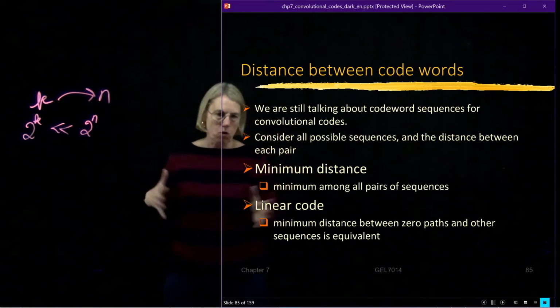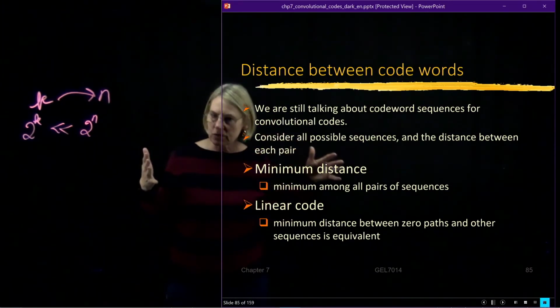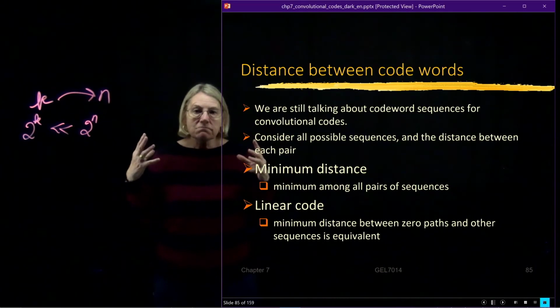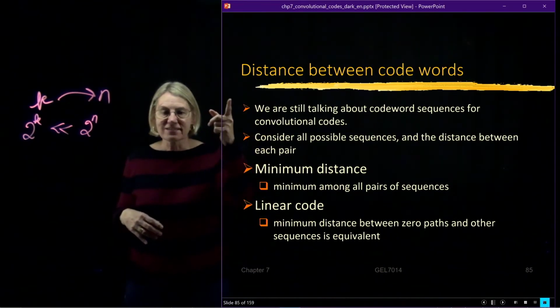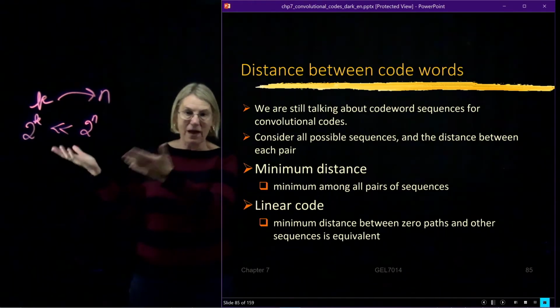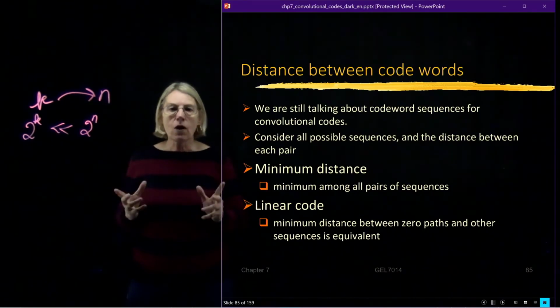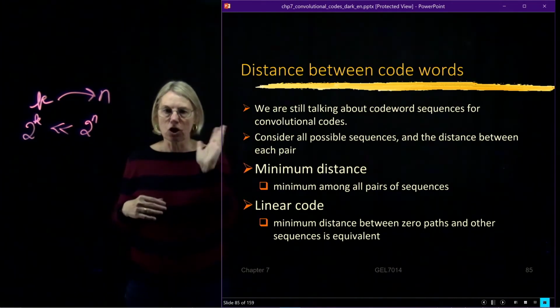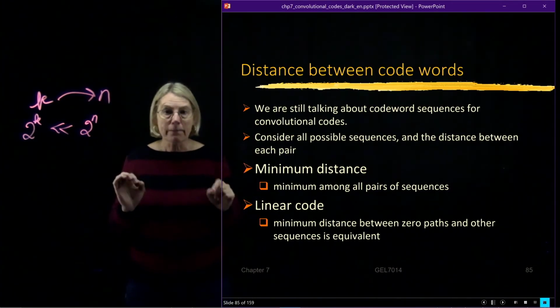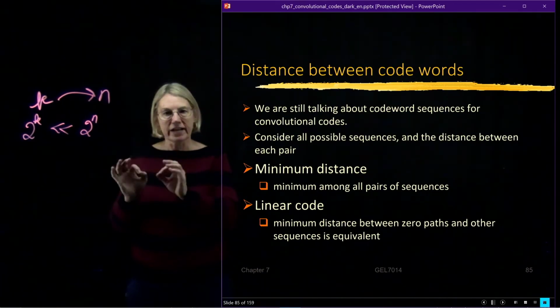Convolutional codes are a little more complicated than that because there are sequences. But really, I can also define a distance between sequences. I've already done it, these path metrics. So I know how to define a distance between code words in a convolutional code. And they are going to tell me whether I have a good code, a great code, or a lousy code.